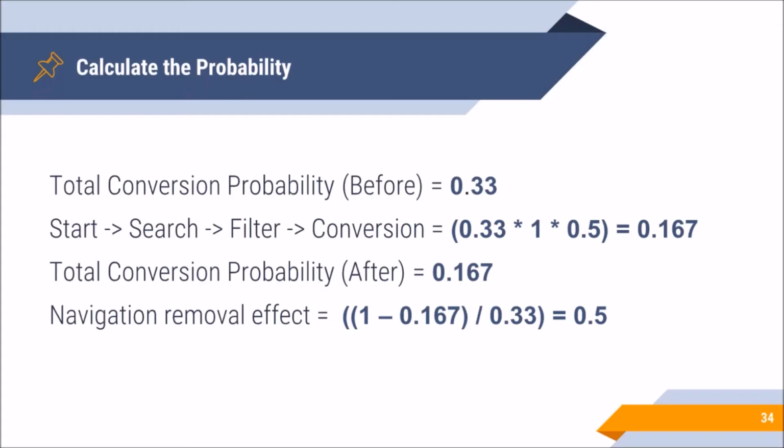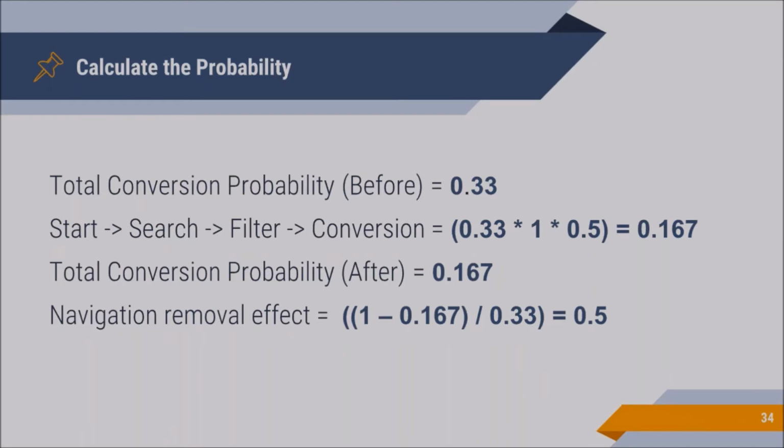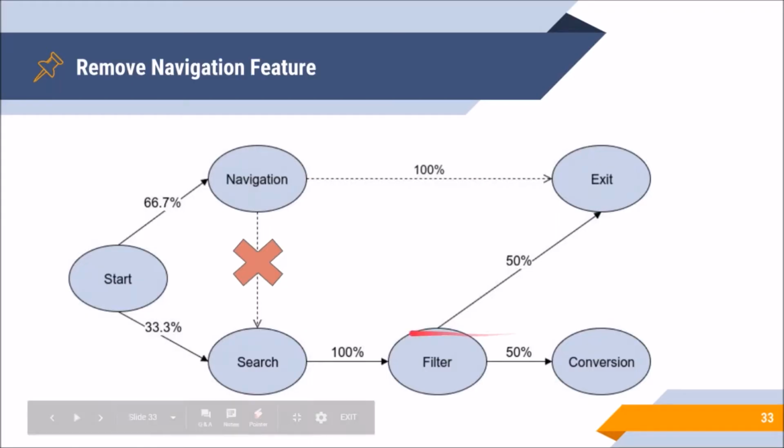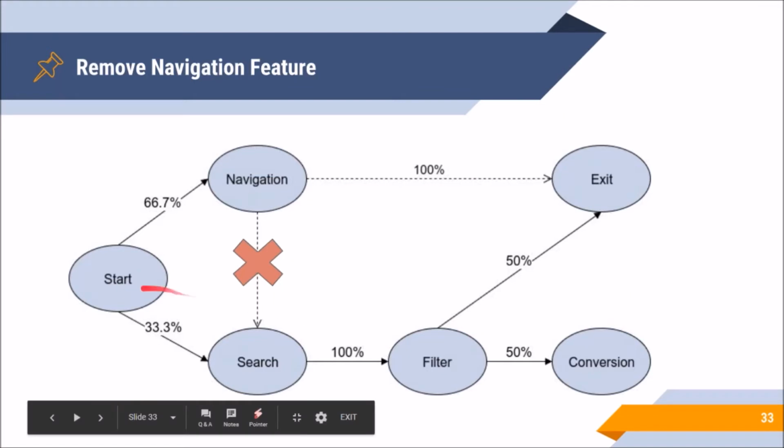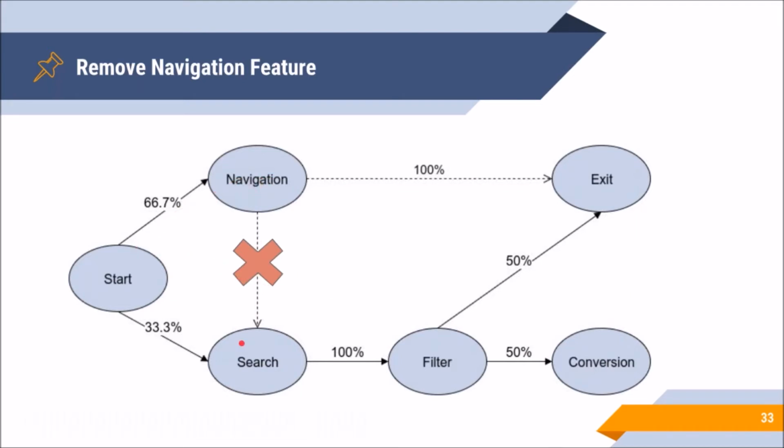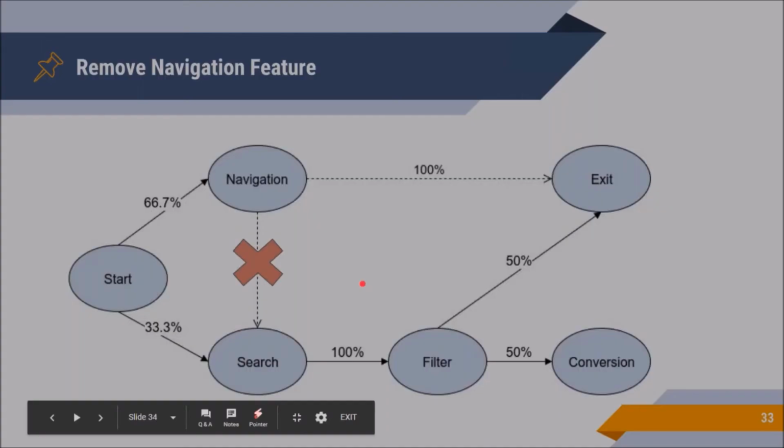Once we remove the navigation, we can see that there is only one path which leads to conversion, that is from start to search, search to filter, and filter to conversion. Now we do not have the path from start to navigation to search because we have no navigation in our model right now.